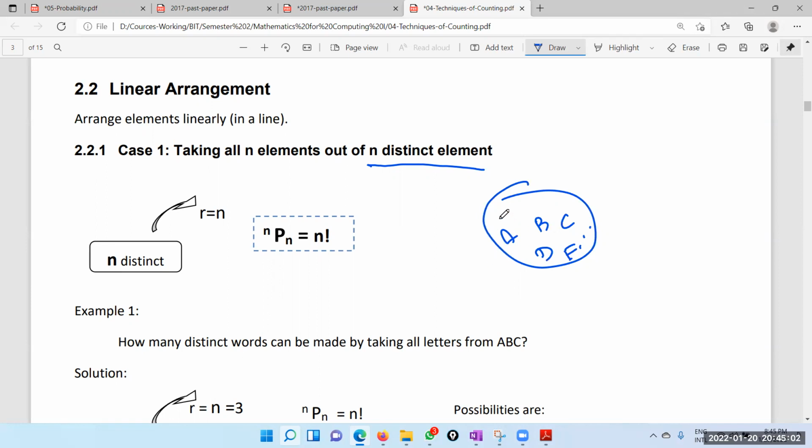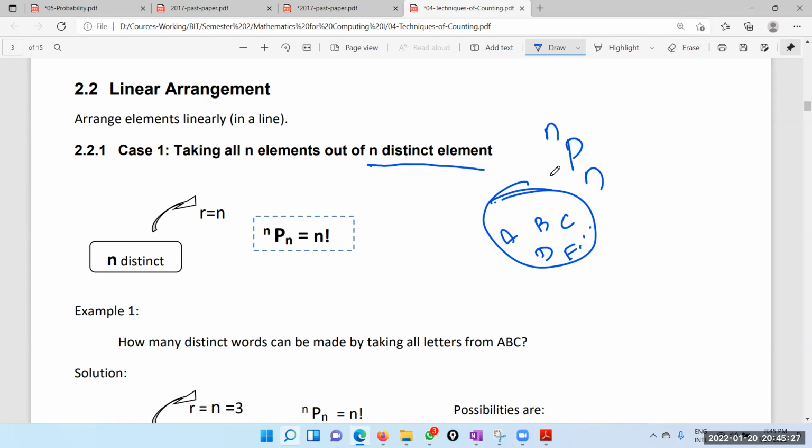So if you are taking all n elements out of the n distinct elements and arranging them, we write the number of ways as nPn. It's a notation. That is, out of n elements, we take all n elements and take the permutation.